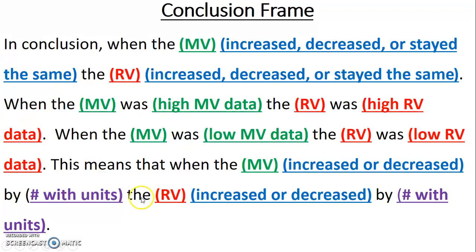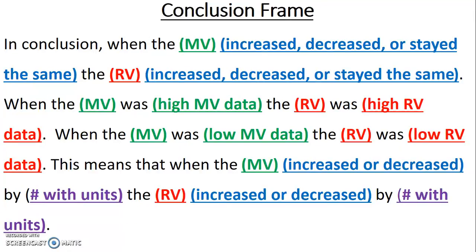In our next sentence, we need to find the difference. So this means that when the MV increased or decreased by however much, the RV increased or decreased by however much as well. So again, this may be a little bit different.